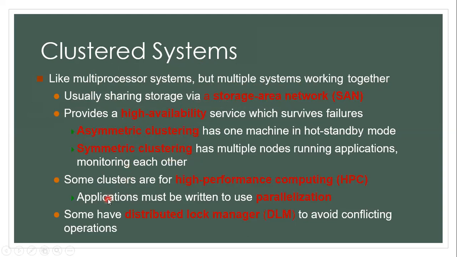And these clusters are used for high performance computing. Applications must be written to use them parallelly, and some have distributed log managers to avoid conflict in operation. If two or more clusters are using the storage and there might be a conflict, the log manager has to work there by distributing the storage.